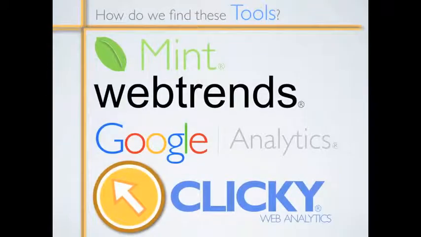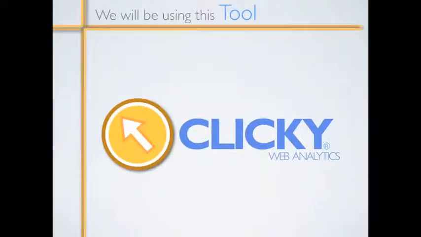So where do we find these tools? Well, there are various forms of software and websites that allow you to track and view your web analytics. But today we are going to be looking at utilizing a site called Clicky Web Analytics.